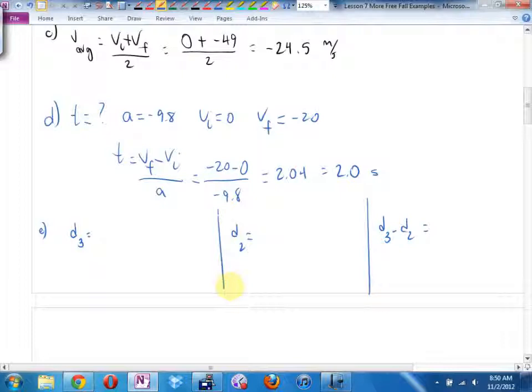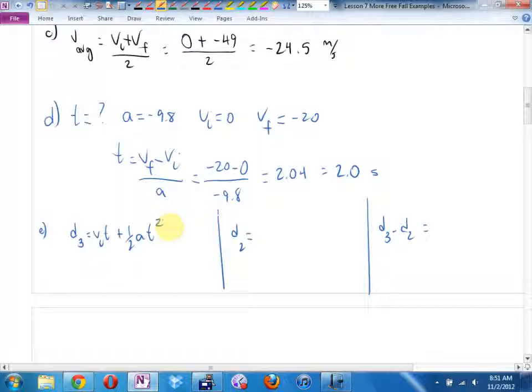I'm running out of room. Hopefully you guys have more room. I'm not sure if I do, so I got to write kind of small here. What are we trying to find? And I think we're going to use this one. VIT plus a half AT squared. I would love to list my data, but I'm running out of room, so I'm having to break my standard rule right now.